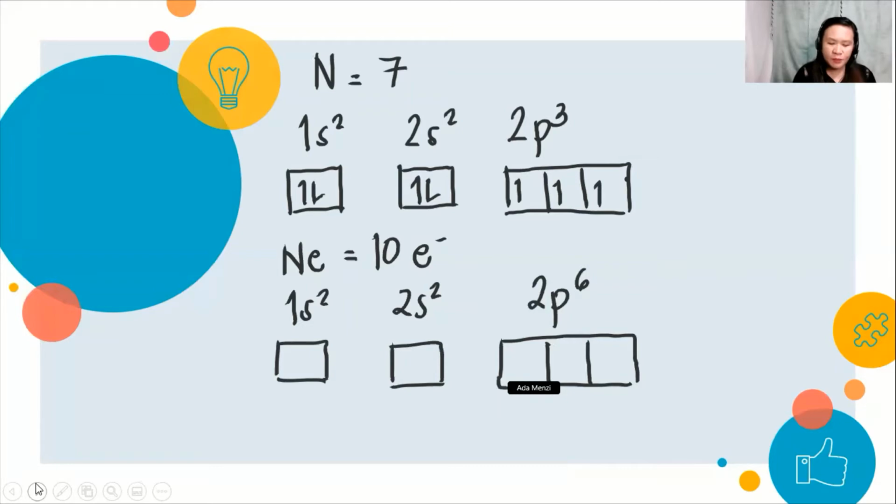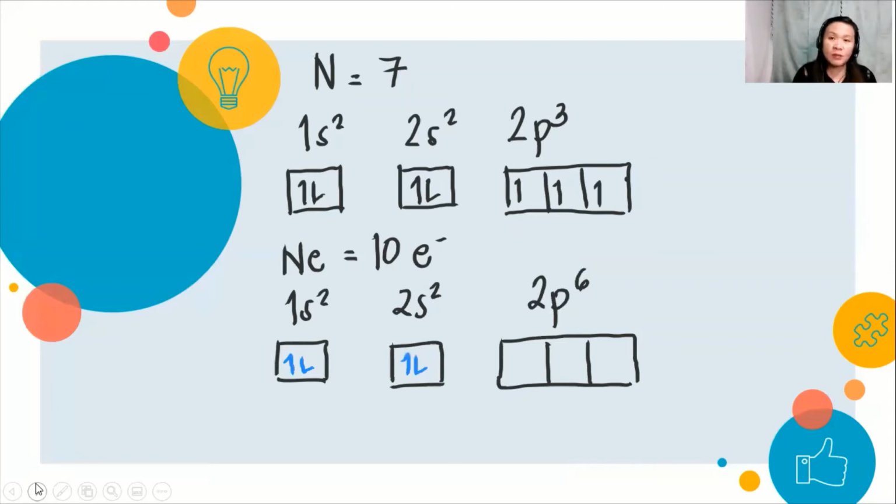Next, we put in the different electrons. For 1s, we start with the lowest energy level, so we have 1 and 2 electrons, both with opposite direction. For 2s, 2 electrons again, so that's 1 and 2 electrons. And for 2p, we have 6 electrons.